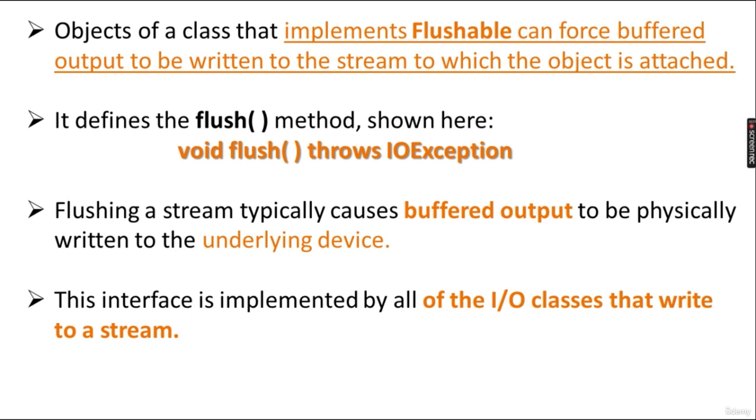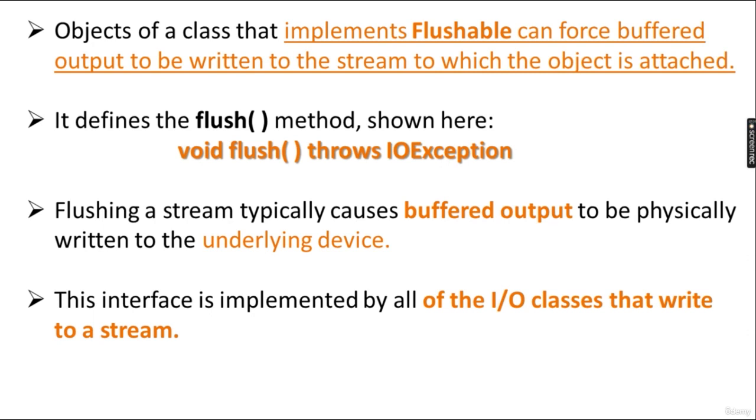An object of a class that implements Flushable can force buffered output to be written to the stream to which the object is attached. Whatever is in the buffer will be written to the stream.